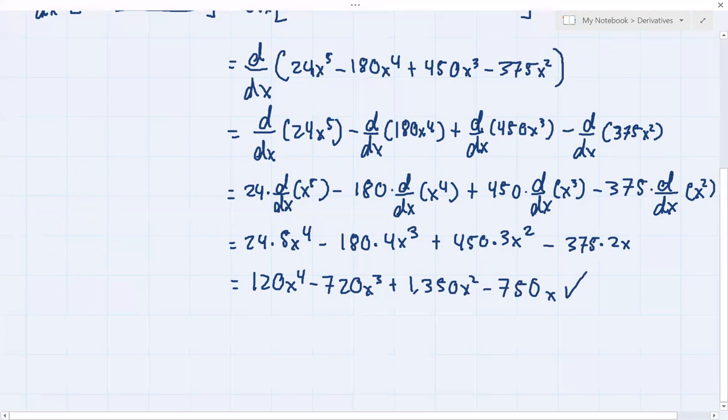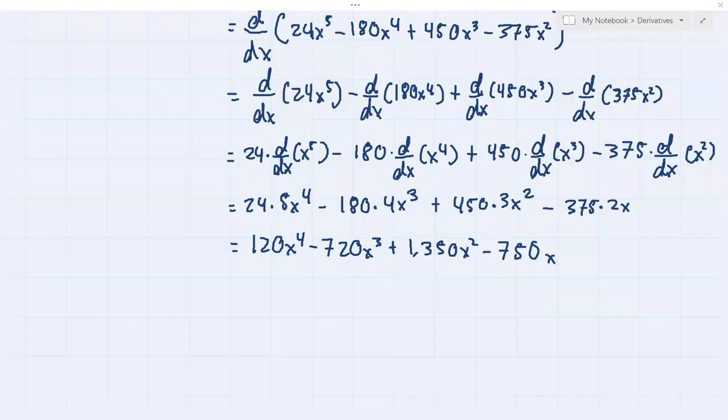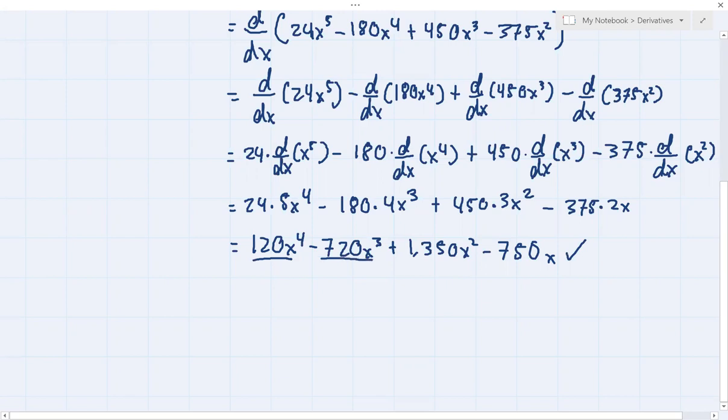Or we can still simplify it. If we simplify this, we have 120x raised to 4, negative 720x cubed, then positive 1,350x squared, and negative 750 times x. So, all of these terms are divisible by 30x. Okay? That's the greatest common factor of the four terms. The greatest common factor is 30x.